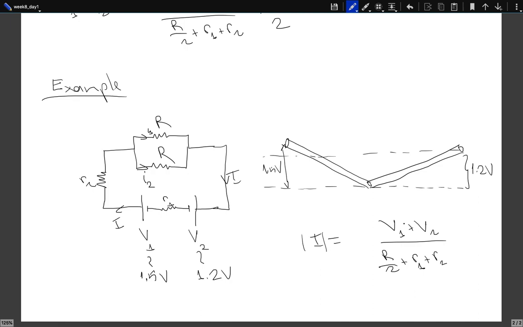You see, V1 plus V2 was the total height difference in the previous example. Both of the pipes were pushing in the same direction, so it was also inclined in the same direction, and the total height difference was just the sum. But now the height difference is just the difference. So the magnitude of the current will be given by this number.